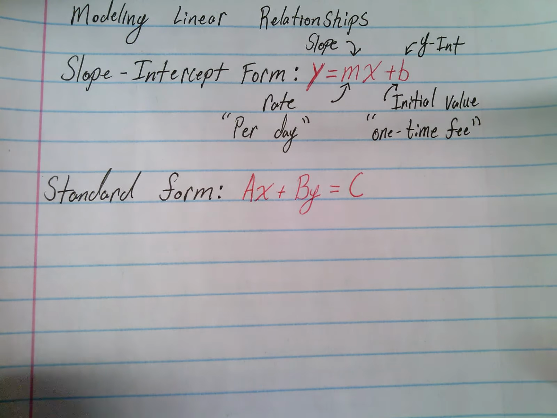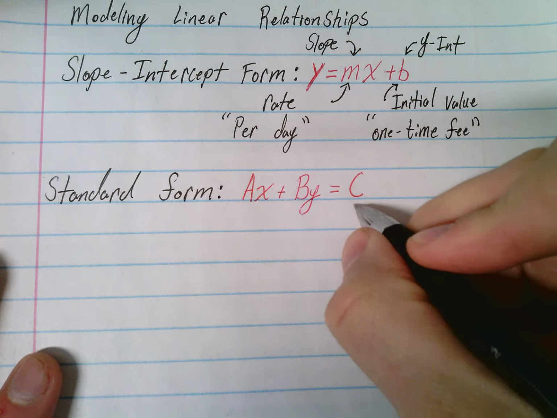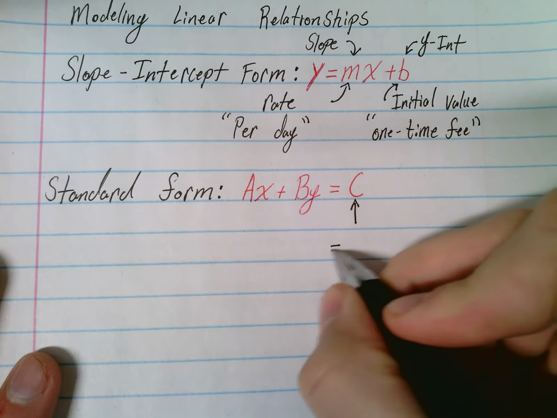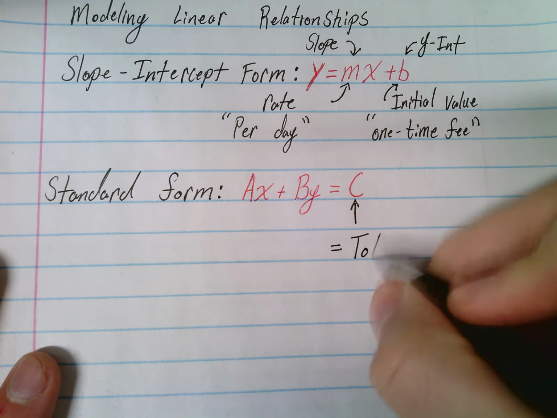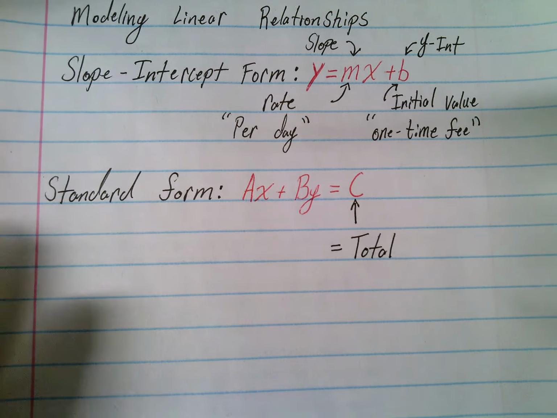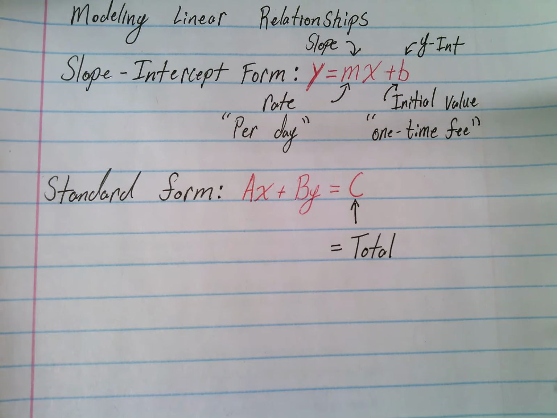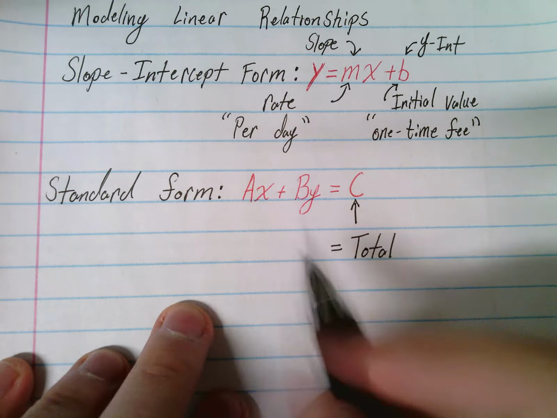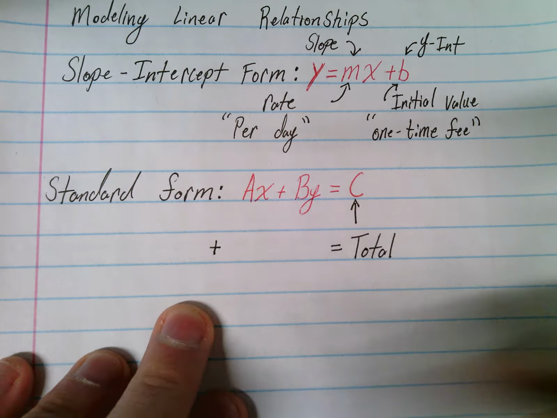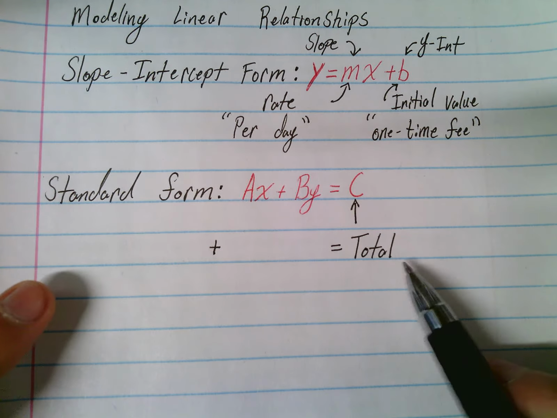When we look at standard form, what some of these things really translate to for us is a total amount, a total of some sort. And what we have to think about is, if we're totaling something, what does it mean to total? To total means you're going to add two things up. So the question becomes, what are we adding together to get to a total?